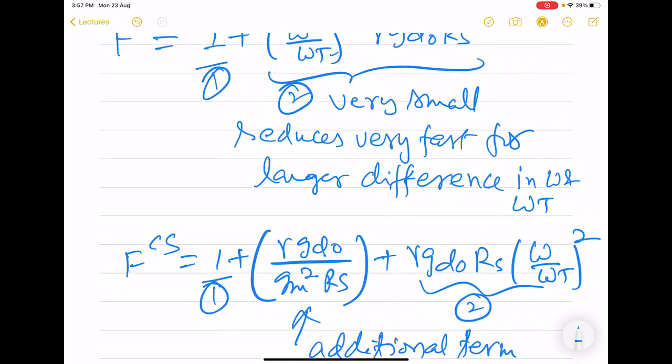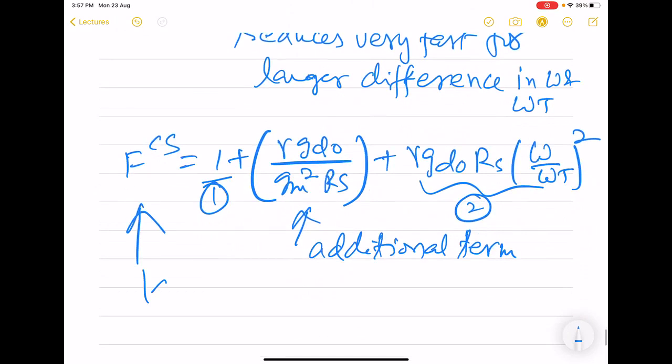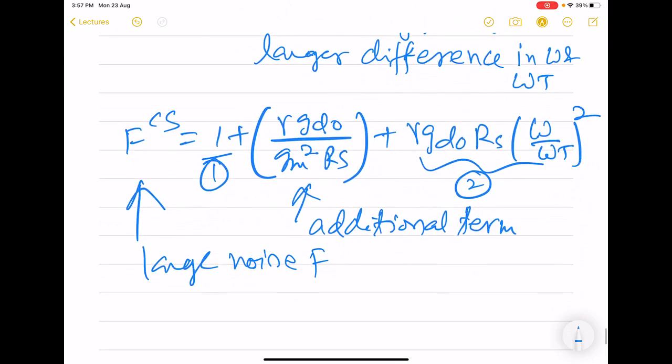So for common source, we have a large noise factor. This is because the entire ID was flowing outside. It was available at the output under short circuited condition. In that case, IOD was actually equal to ID for the common source case.